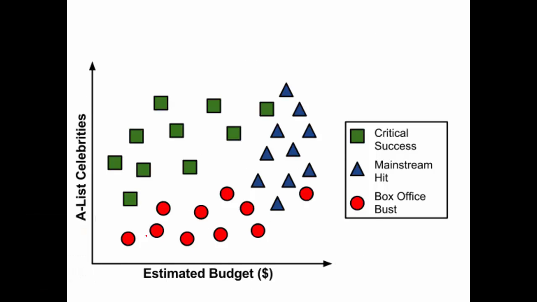So let's take a look at our first situation. We have on the x-axis for different movies the estimated budget, whether they've been cheap to produce or expensive. And on the y-axis we have the number of A-list celebrities, how many have appeared in a movie. And when we look, we have either done clustering to come up with three groups, or we've had a human specialist label those movies.